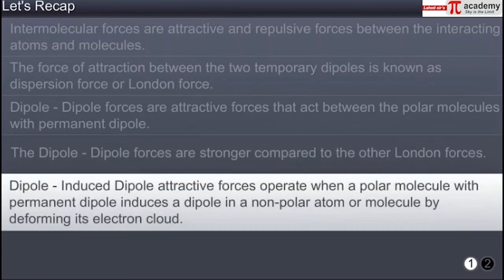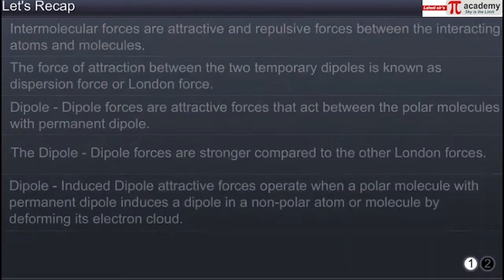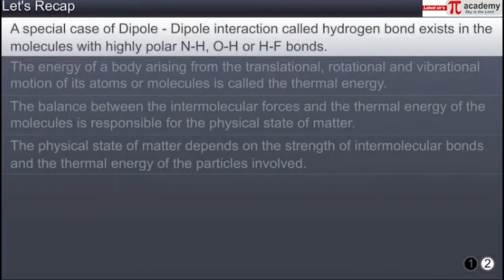Dipole-induced dipole attractive forces operate when a polar molecule with permanent dipole induces a dipole in a non-polar atom or molecule by deforming its electron cloud. A special case of dipole-dipole interaction called hydrogen bond exists in the molecules with highly polar nitrogen-hydrogen, oxygen-hydrogen, or hydrogen-fluorine bonds.